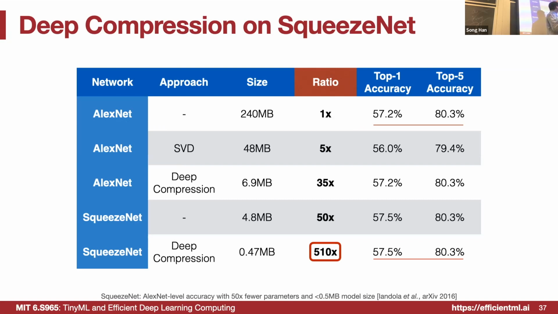So 50 times smaller and same accuracy. And still, such a model is amenable to compression. After compression it is only 0.47 megabytes, less than half a megabyte, while maintaining accuracy, being 500 times smaller, which shows that even a small and compact model you can still compress, which is pretty exciting.